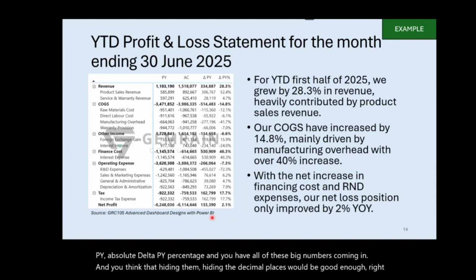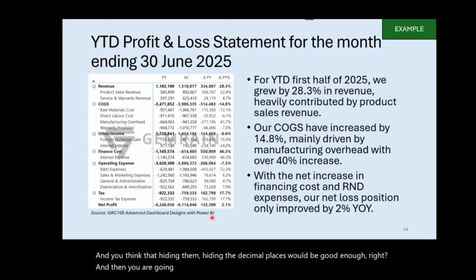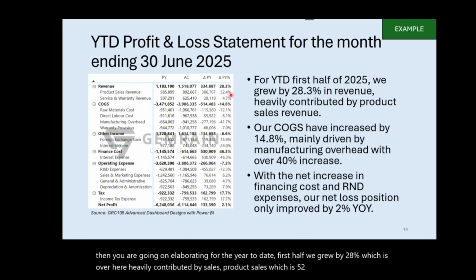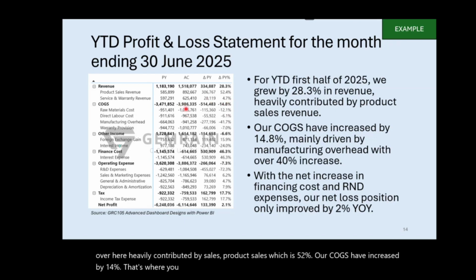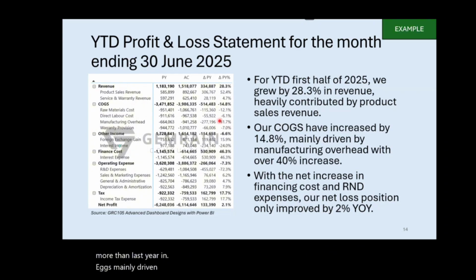And then you go on elaborating that for the year to date, first half, we grew by 28%, heavily contributed by product sales, which is 52%. Our COGS have increased by 14%. That's where you have this negative, where we are paying more than last year in terms of our COGS, mainly driven by manufacturing with over 40% increase versus last year.